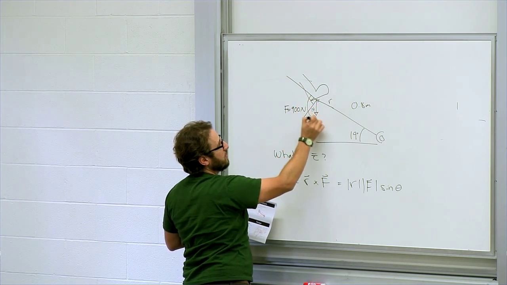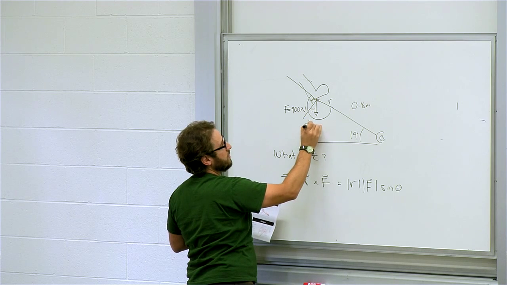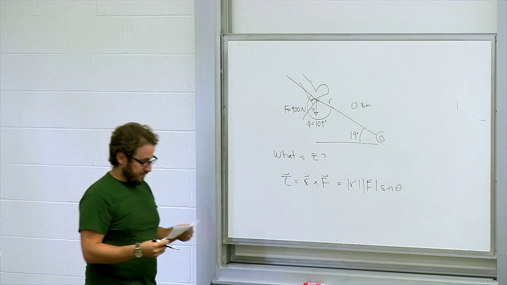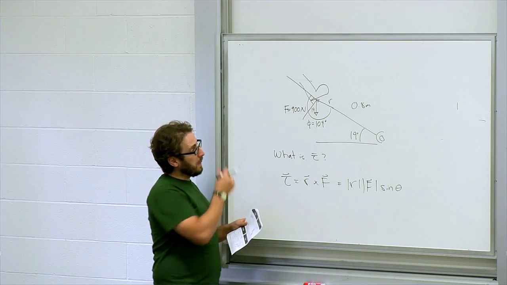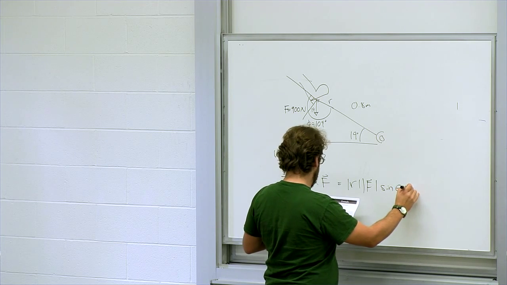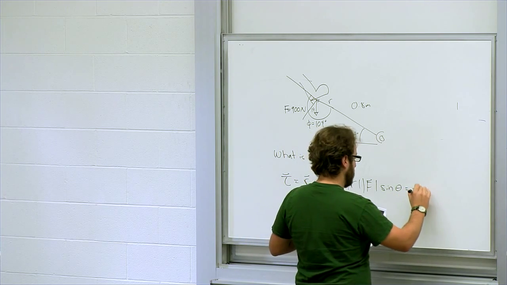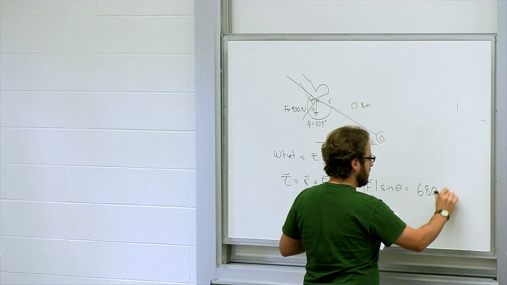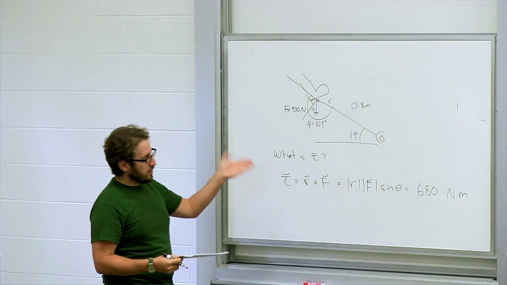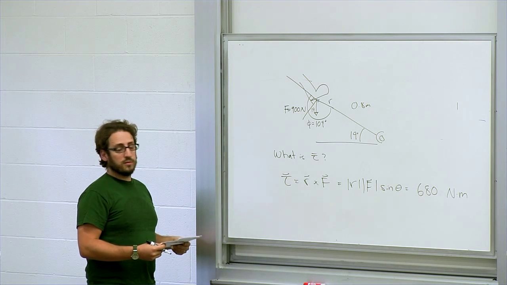So this angle, phi, is what I want, is 109 degrees. So I get 680 Newton meters. The units of torque are force and distance, of course.